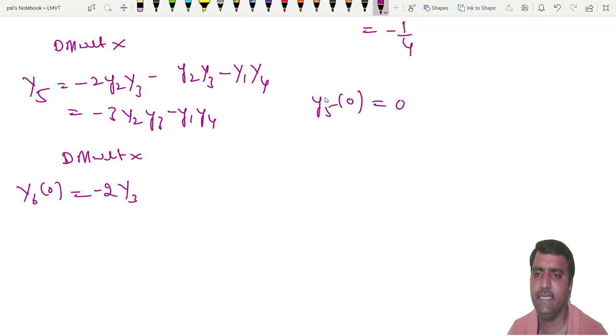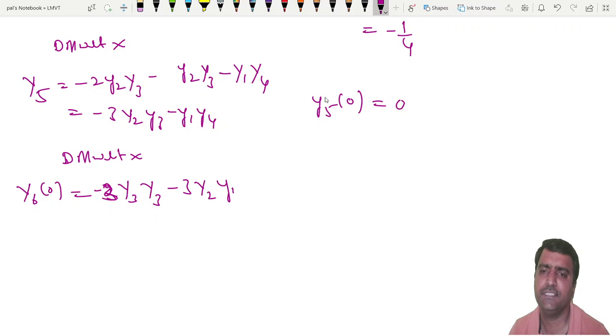Minus 3 into differentiation of y2 is y3, keep y3 as it is. Again minus 3 into, keep y2 as it is, differentiation of y3 is y4, minus differentiation of y1 is y2 into y4, minus keep y1 as it is.